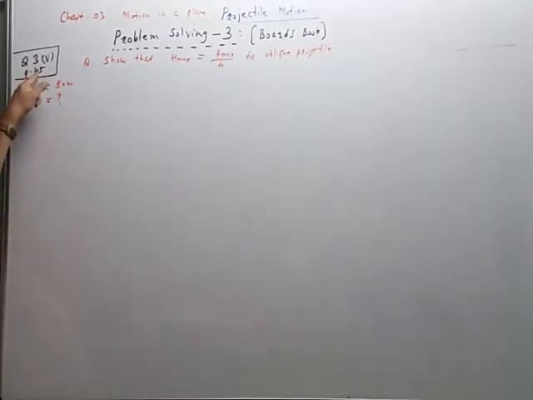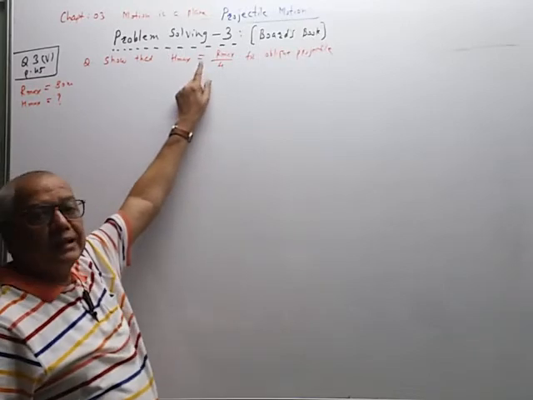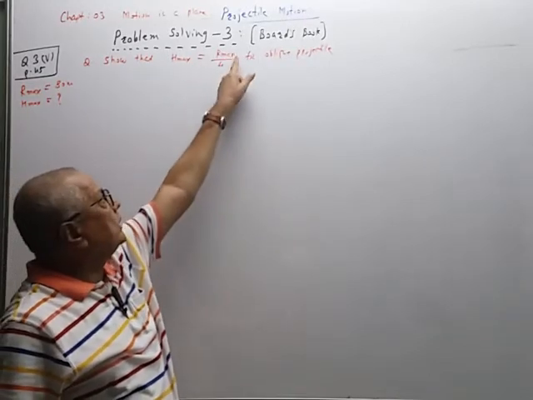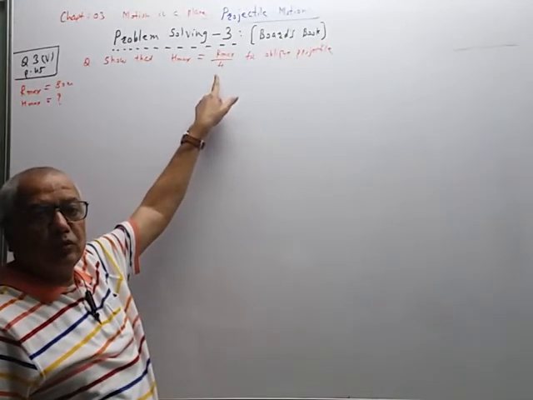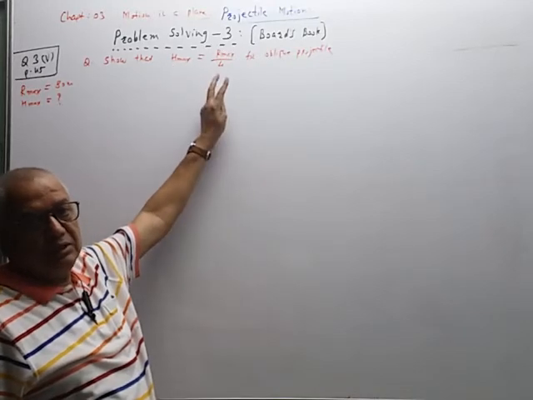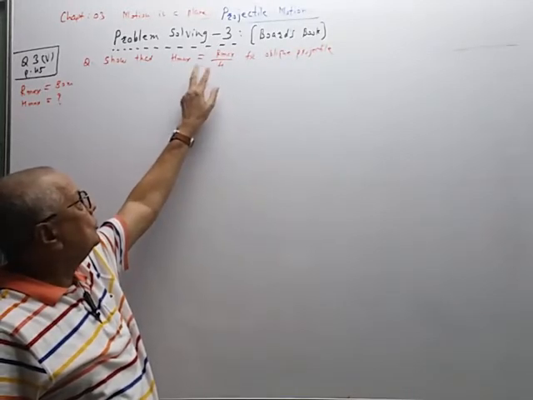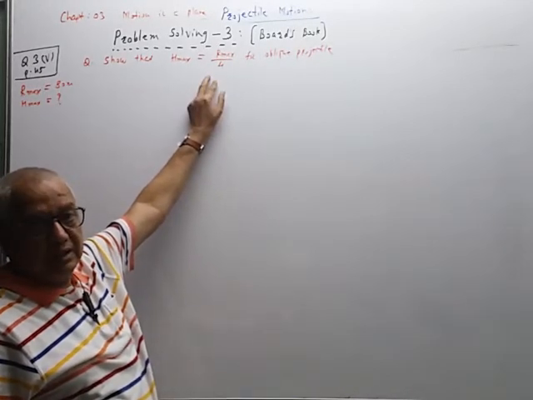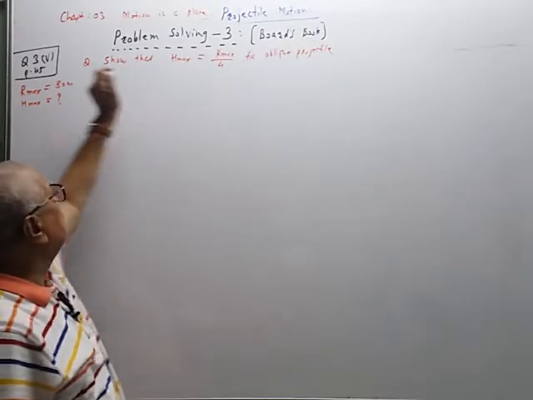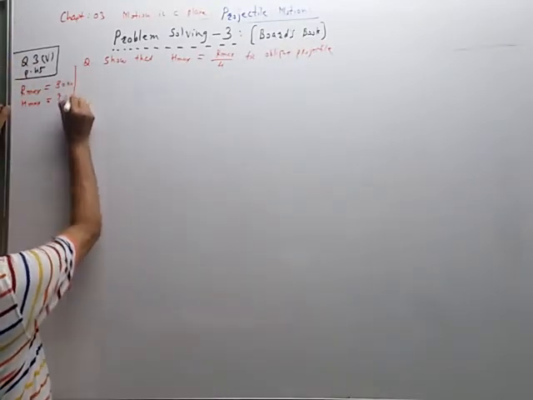For this problem, we have to use this relation directly. So 80 upon 4, that is equal to 20 meter. Answer is 20 meter. So for MCQ, you can use this relation directly, but we will prove it.